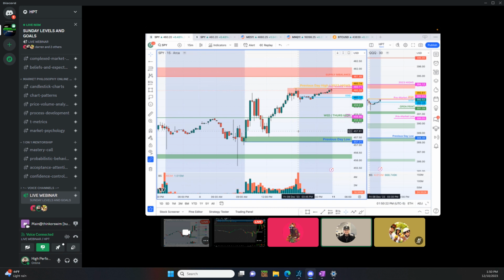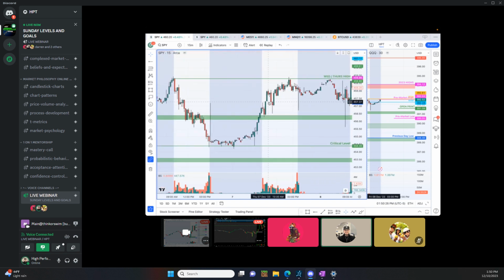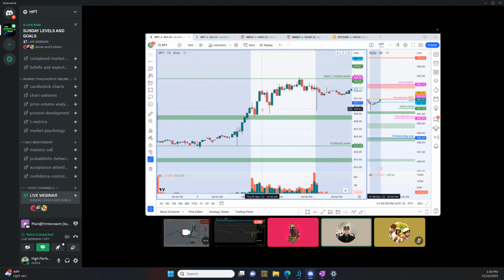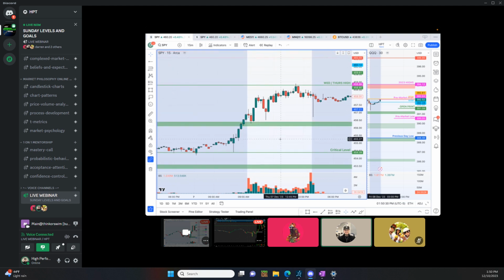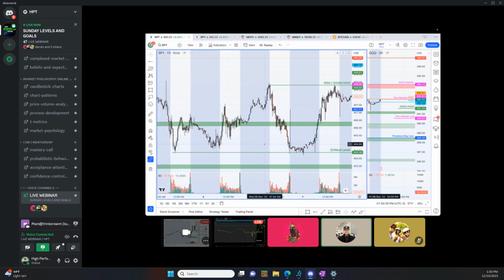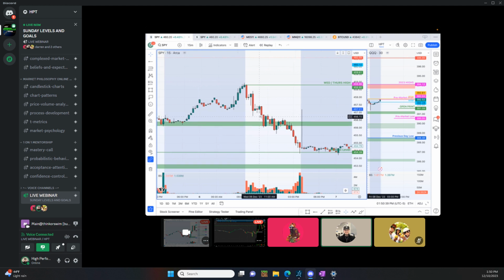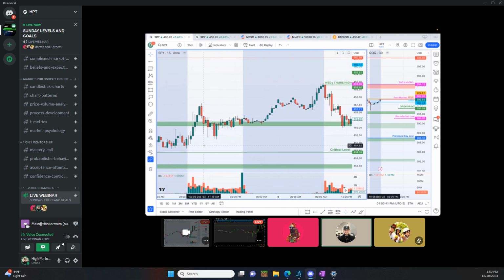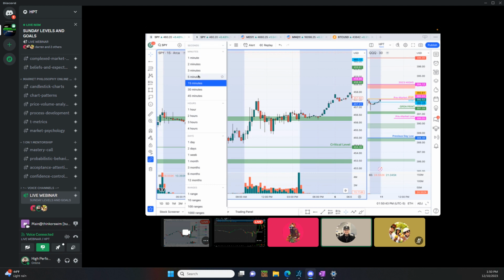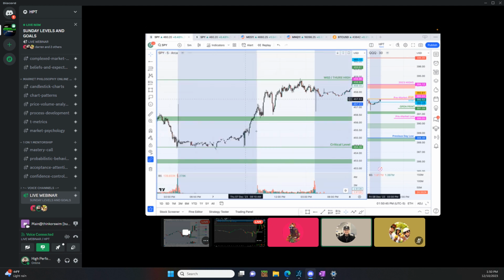I'm noticing a lot of traders struggling with FOMO. They miss the move and then they hop into shitty plays. It's a snowball effect of hesitation, and then once you actually pull the trigger, you pull it at the worst point. I do that all the time. I did that last week. I took the worst trade you could have.